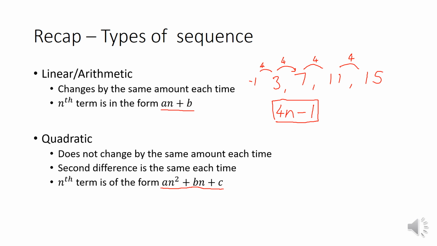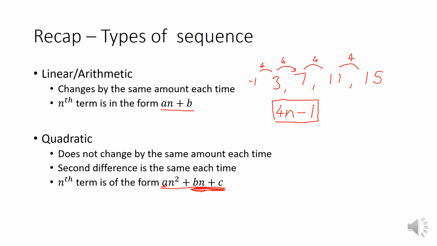So work out the second difference, then we halve that, and that is the coefficient of n squared, so that gives us a. And then from there we work out the difference, which tells us the bn plus c. The difference will sometimes just be a number, or sometimes be a sequence in itself that we then have to work out the nth term of.